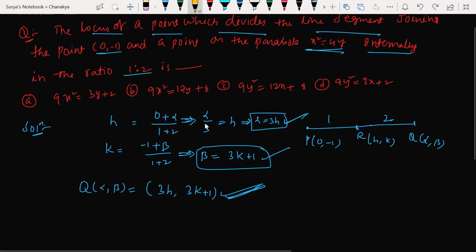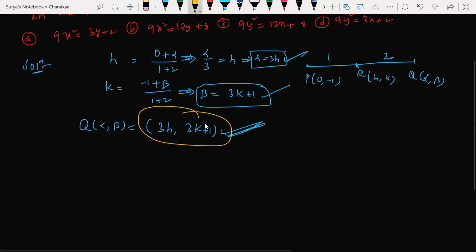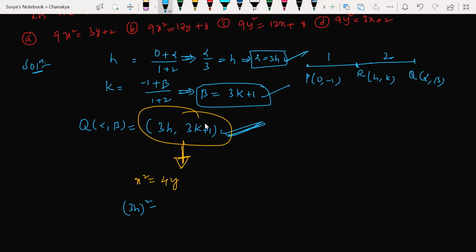And what he has given, look at this: one more point, a point on the parabola. The point which I got is on the parabola, so it satisfies the parabola's equation, x square is equal to 4y. So what is x square here? (3h) whole square is equal to 4 into (3k plus 1).